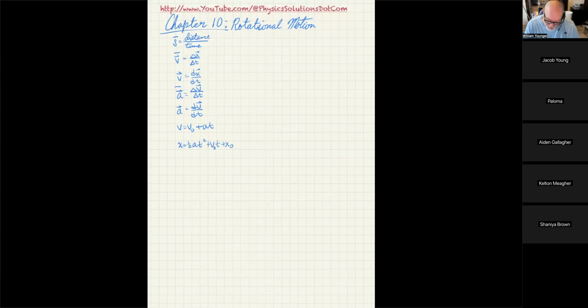And then if we solved v equals v0 plus at for t and plugged it into this x equation, we also got v squared equals v0 squared plus 2a times x minus x0.